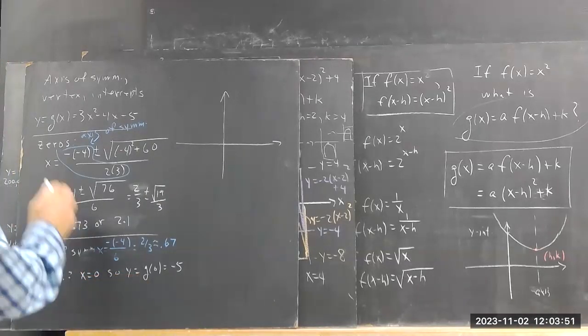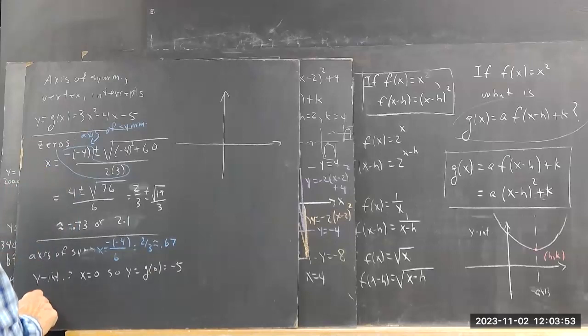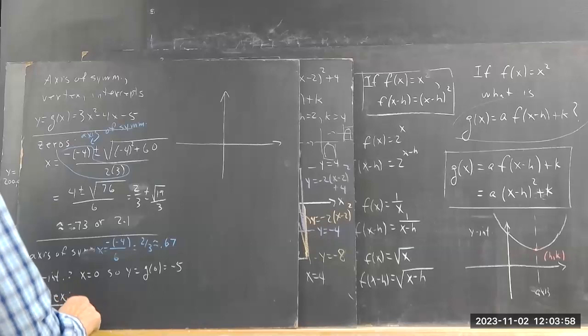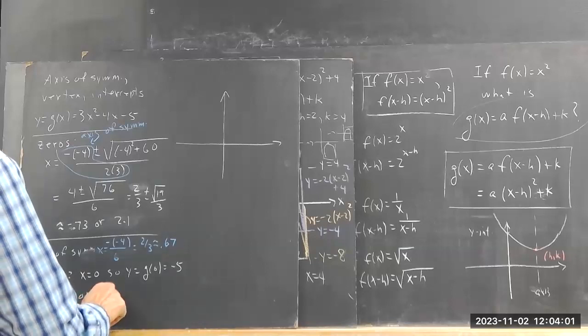That's the y-intercept. The vertex is on the axis of symmetry.